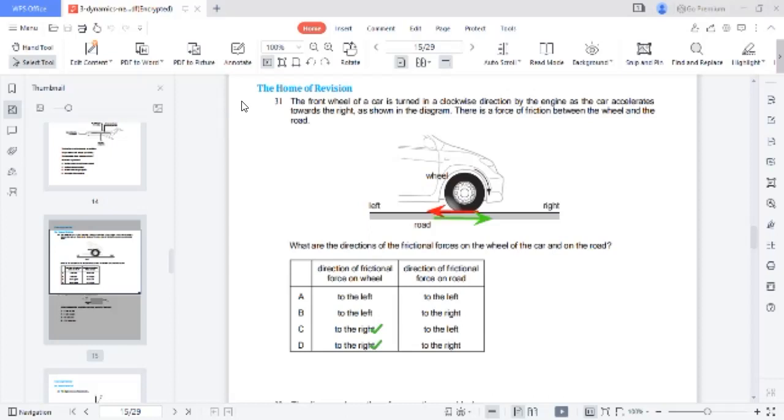So this is the friction provided by the ground to wheel. So now the tire is rotating in this direction, so it actually provides the friction to the ground in this direction.